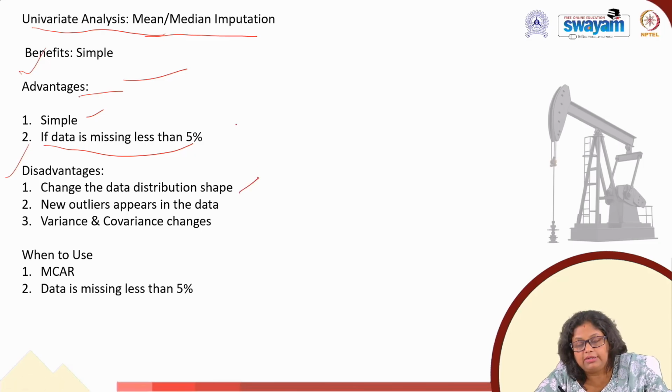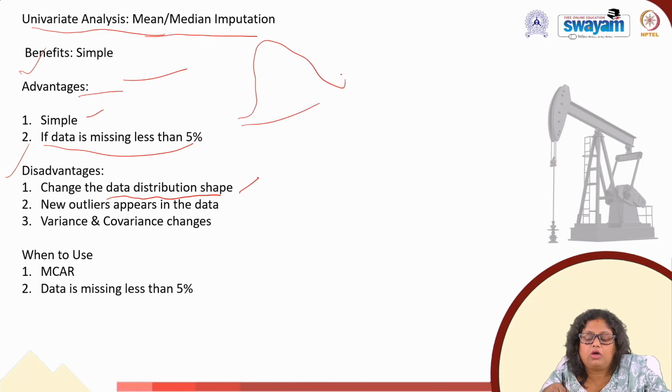When we were deleting the data under the CCA, complete case analysis, we checked the data distribution shape, and it was not changed. But in case of mean median imputation, the data distribution shape changes. Why? Because now we are replacing with the mean or median. When more data is getting replaced with the mean, it will try to come near to the mean.